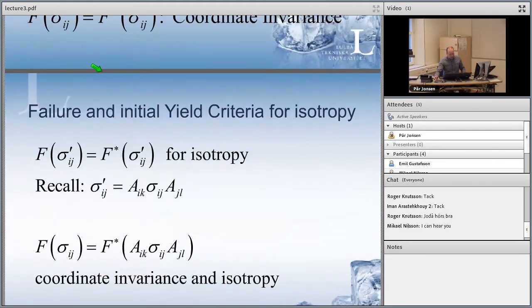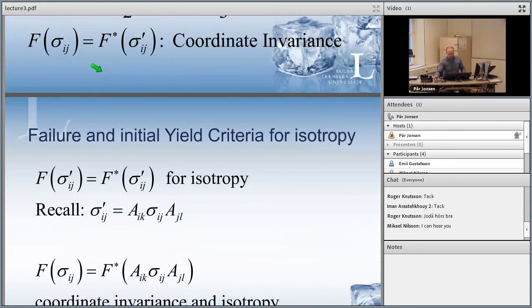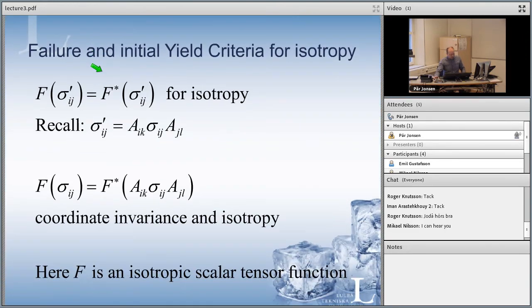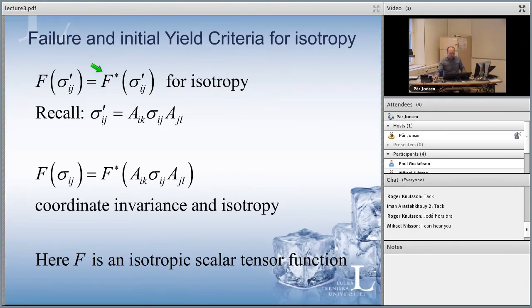Okay. Yeah, we had coordinate invariance, but if you have an isotropic material also, as we discussed last time, this relation is exactly the same. You have the same properties independently of your rotated system. But if you have them both, this must be valid: that the function in the rotated and the unrotated system is exactly the same.